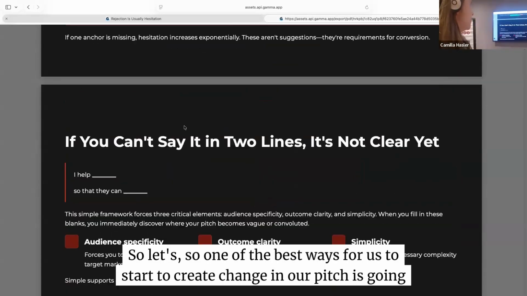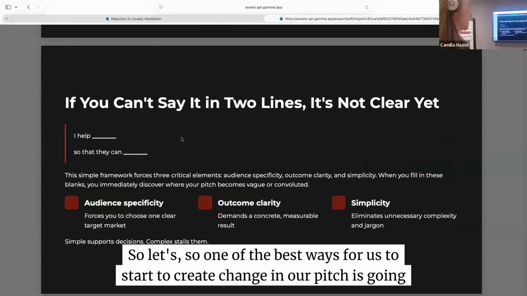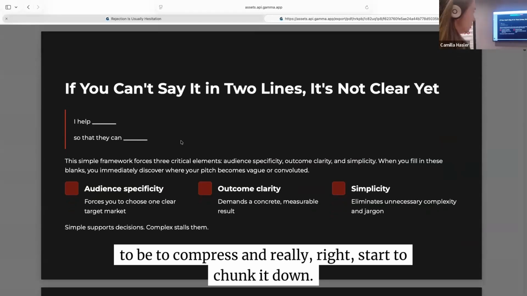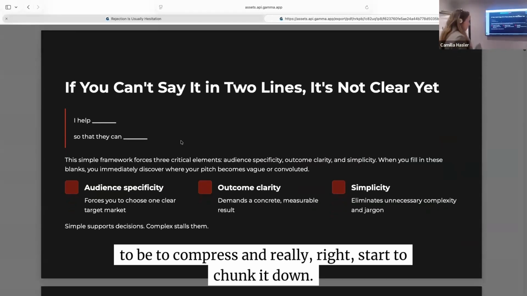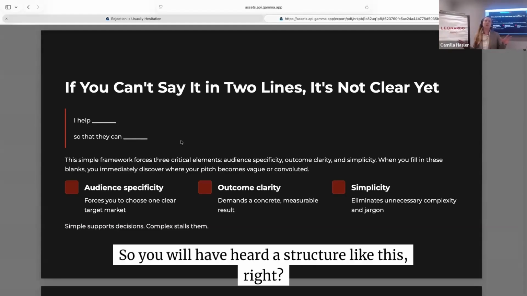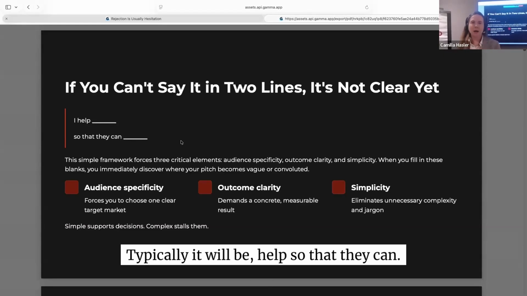One of the best ways for us to start to create change in our pitch is going to be to compress and really start to chunk it down. So if we start with just the first 2 lines, you will have heard a structure like this. Typically, it will be: I help so that they can.